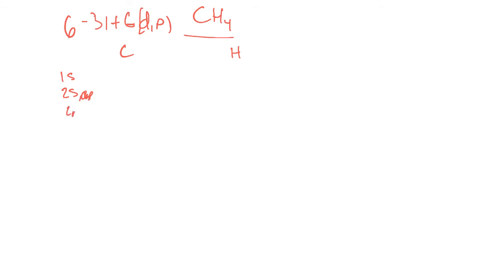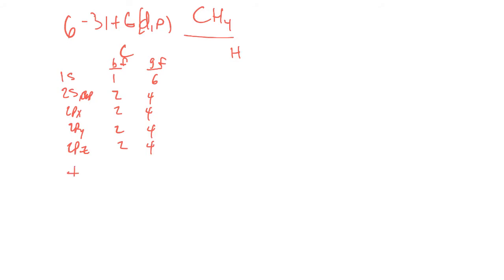Let's do it separately: 2px, 2py, 2pz. So for carbon, I'm going to need 1 basis function of 6 Gaussian functions. And then it's going to be 2 and 4 for the valence shell.